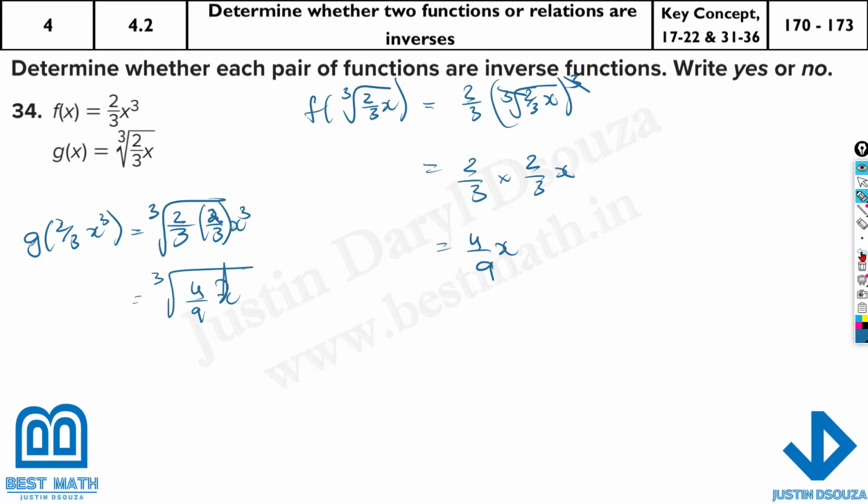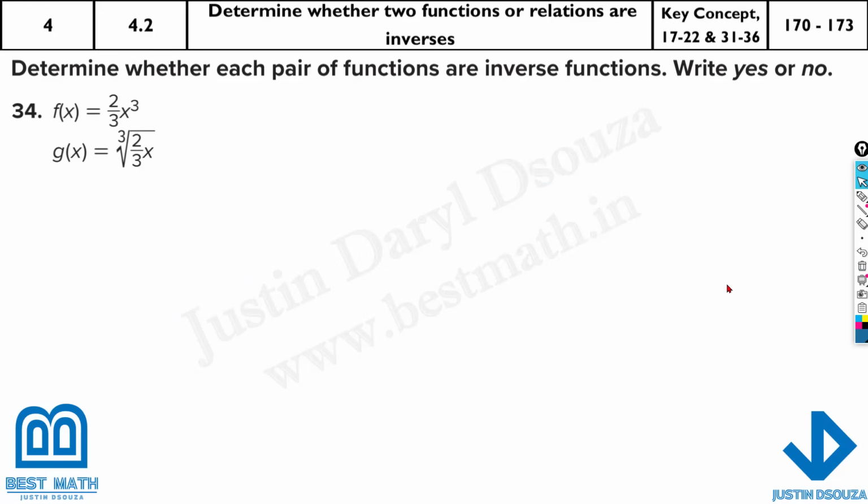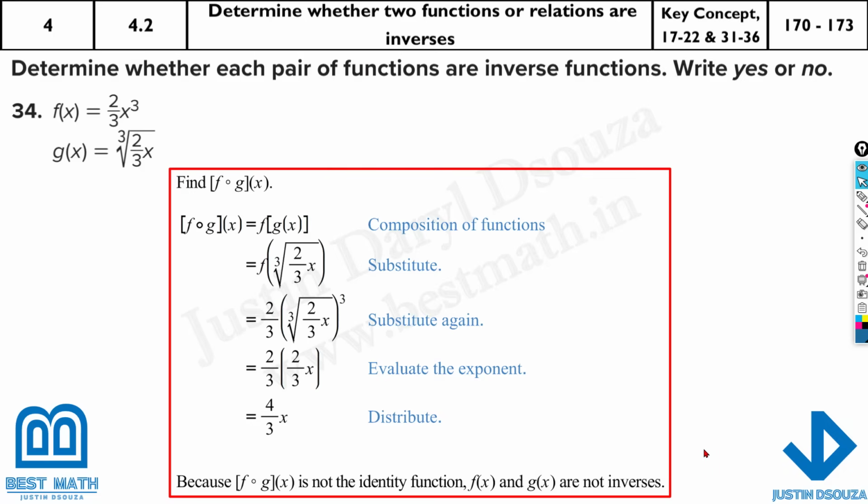Oh wait, that's x cubed, sorry. Now you can split this cube root over here. That's going to be cube root of 4 by 9, and then cube root of x cubed will be just x. So this would be the answer. Now x is absolutely fine, but you have this coefficient, so it doesn't make sense. It is not an identity function, so therefore they are not inverse. So no, they're not inverses.